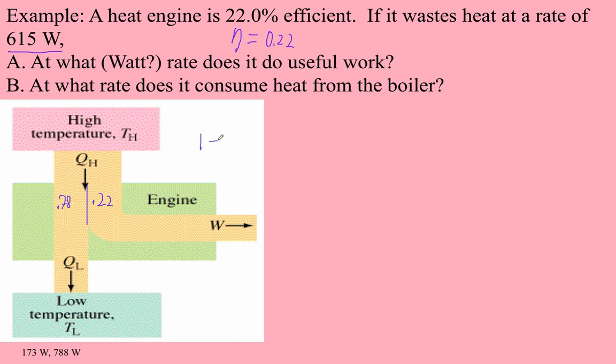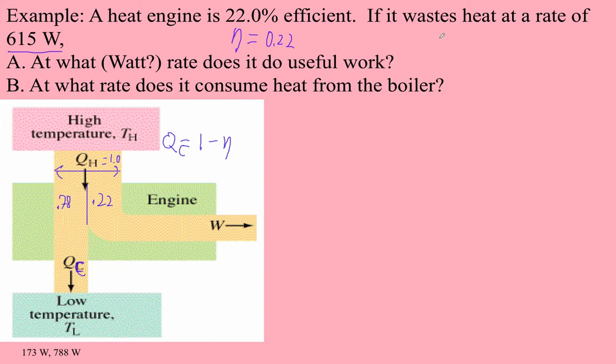It's going to be 1 minus the efficiency. Is this branch, right? The QC. That should be a C there. There we go. Okay, so for QC, the branch ratio is going to be 1 minus 0.22, which is 0.78. And then, of course, this branch width is 1.0.